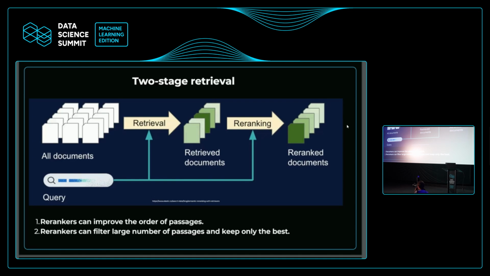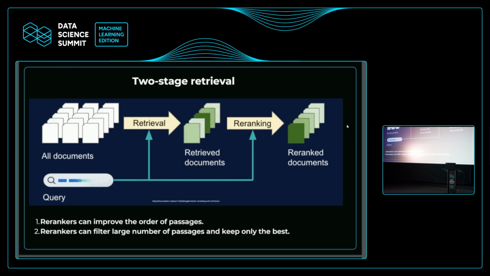Okay, so a very common approach to further improve the results of the retrieval process is the so-called two-stage retrieval. In the first stage, we search for the documents from a very large corpus of documents.